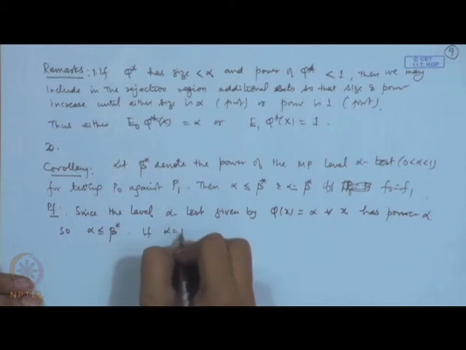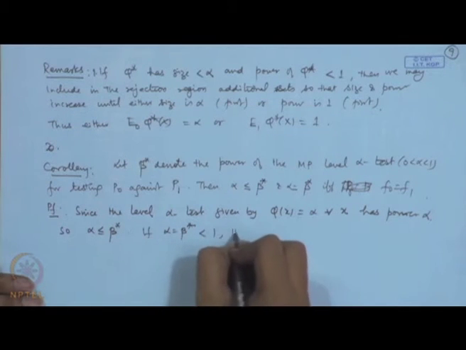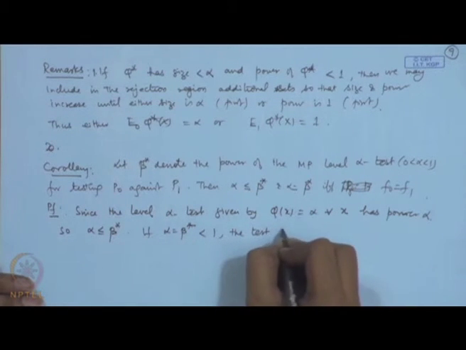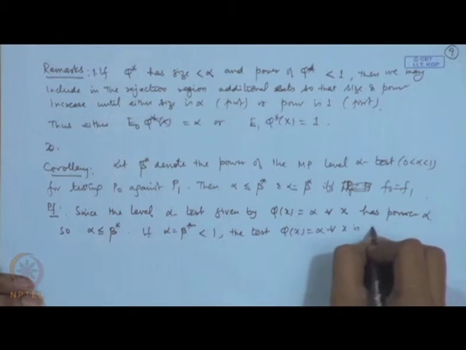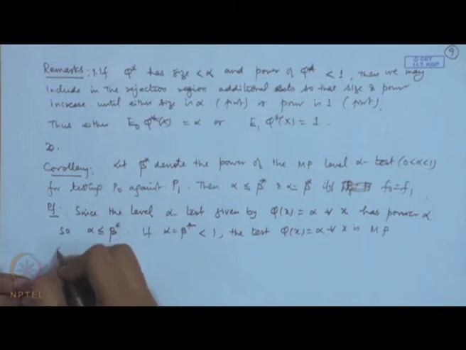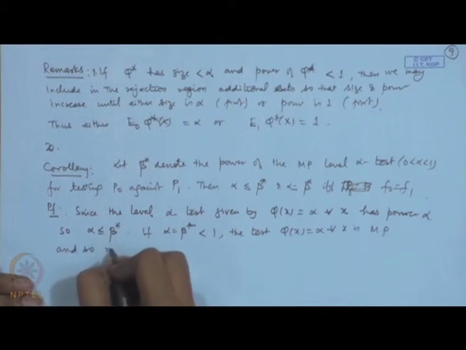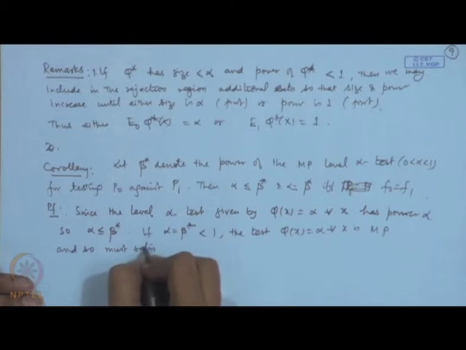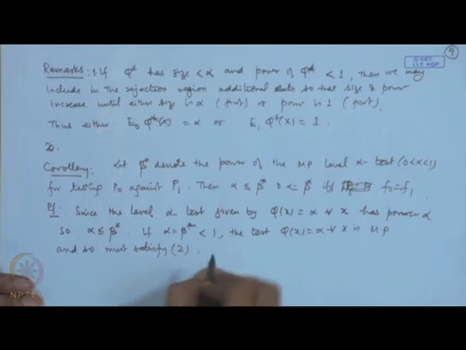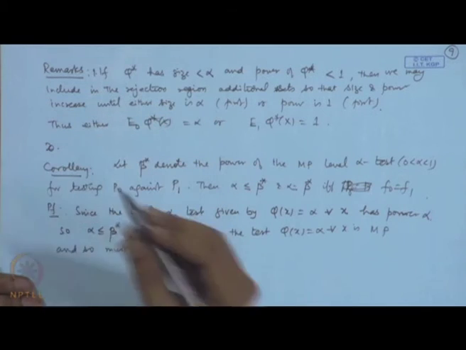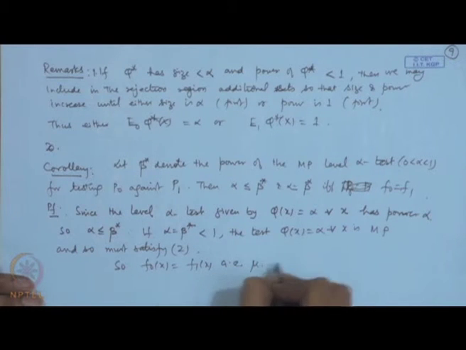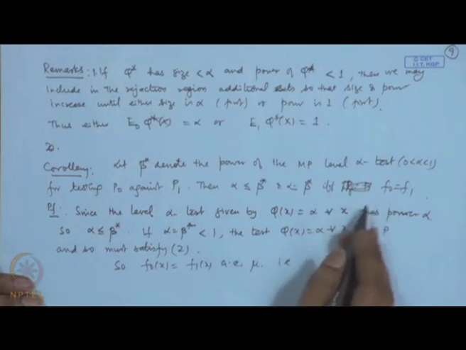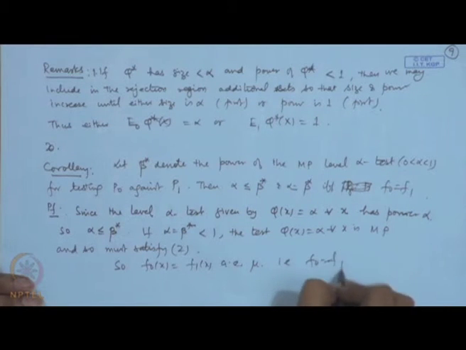If alpha is equal to beta star, that is less than 1, then the test phi x equal to alpha for all x is most powerful, and so must satisfy 2 because of the necessity converse part of the Neyman Pearson lemma. So, f naught will be equal to f 1 almost everywhere mu, that is the two densities are the same.